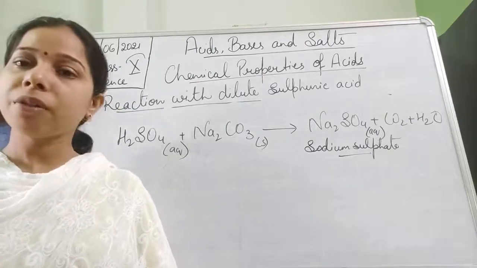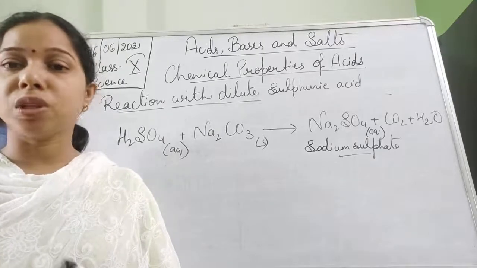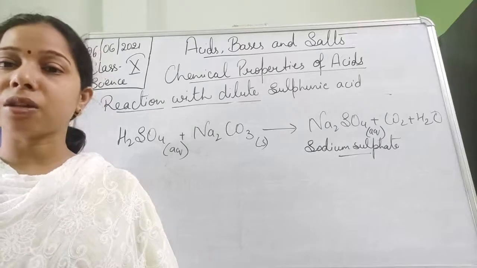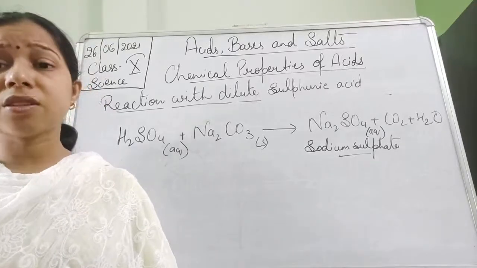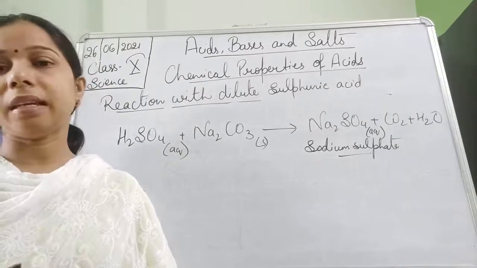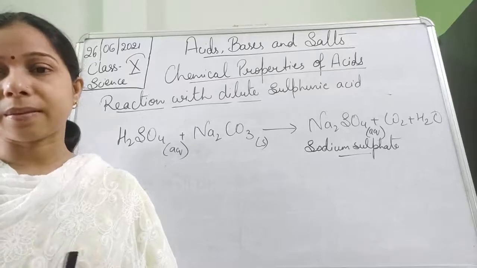Now, if we take a burning splinter to one of the bubbles, it will produce a pop sound. This will help us in telling that it is hydrogen gas. It is an indicator, students. The pop sound is an indication which proves that the gas evolving is hydrogen gas.